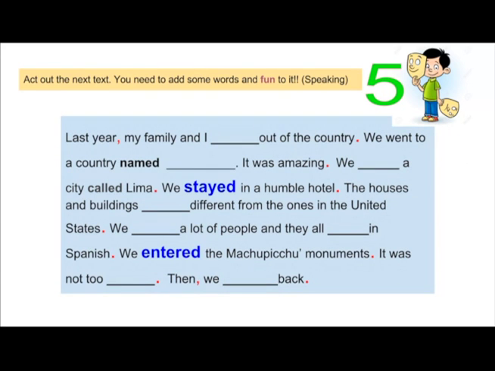The 5th: act out the next text. You need to add some words and fun to it. So this is a fun way for them to work on this. And I know that if this is included in the classroom, a lot of kids are going to pick this option, because there are people who like to stand out, and this is a way for them to show that they do it well.